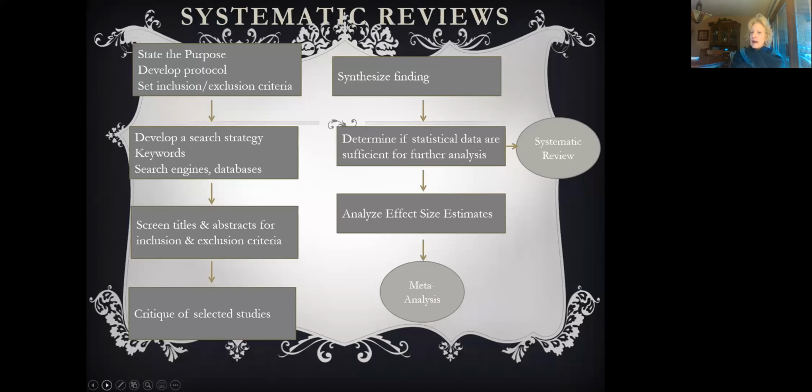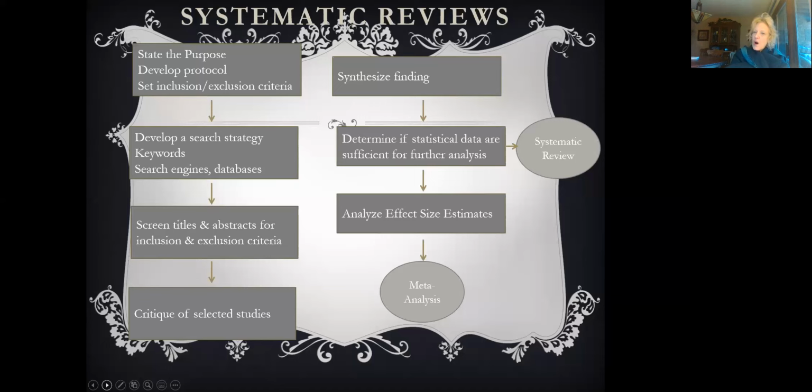If you do not have either the type of studies that can be included in a meta-analysis, or if you just don't have sufficient data from those studies to conduct a meta-analysis, then you'll go ahead and do a systematic review.